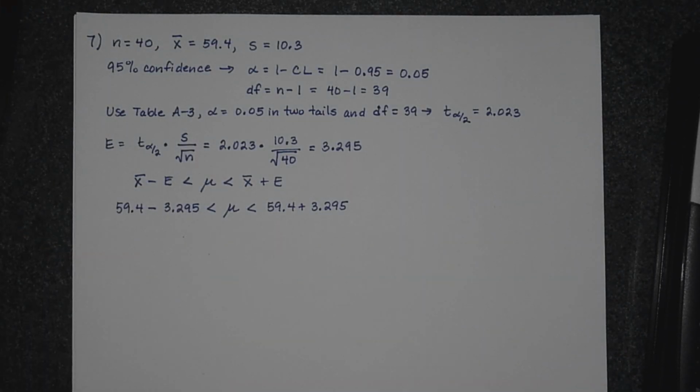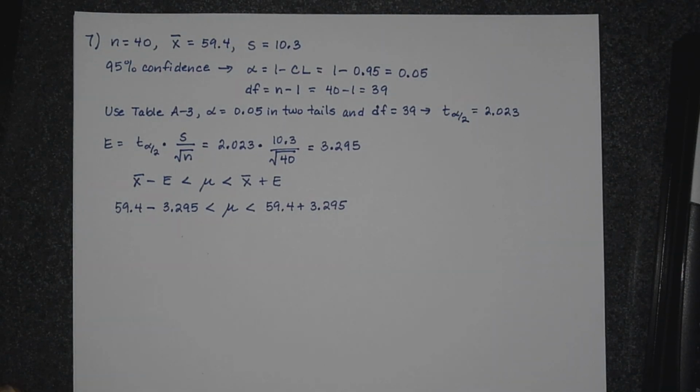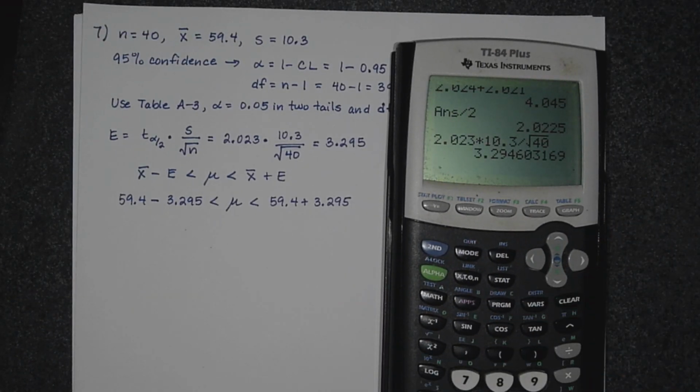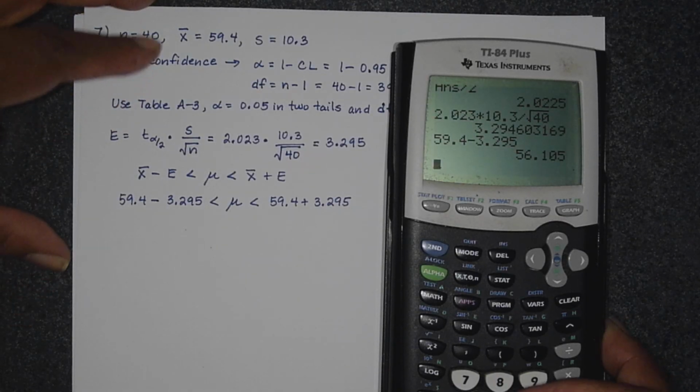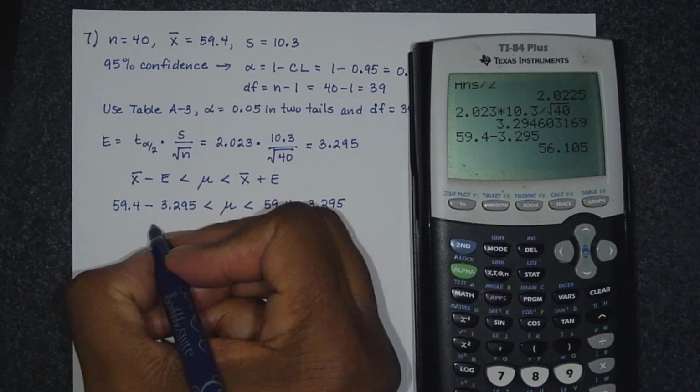Now, in this problem, we're going to have to round to 1 decimal place since the mean is only to 1 decimal place. So you always round your limits to the number of decimal places that's similar to the one in your sample mean. So it's to 1 decimal place. So if I did 59.4 minus 3.295, I would get, to 1 decimal place, 56.1.